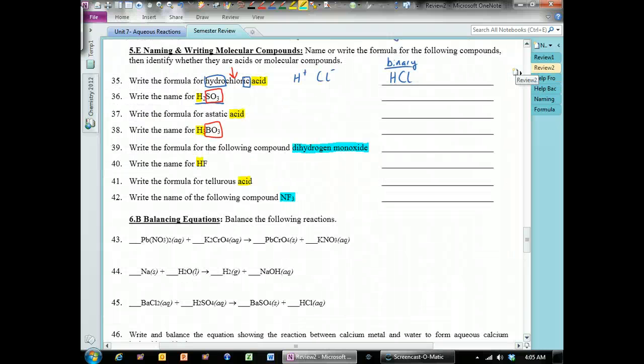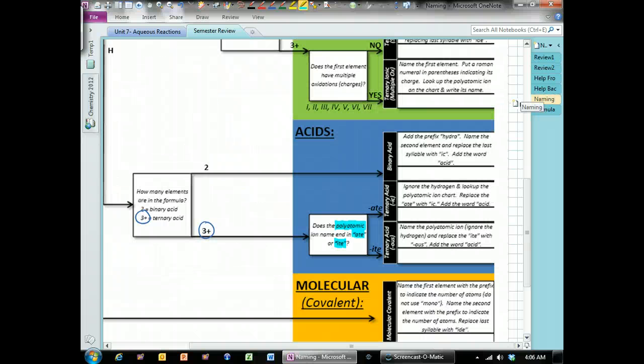And so for the name, since it ends in ite, sulfite, we're going to be using this box where it says name the polyatomic ion, sulfite, ignore the hydrogen, and replace the ite with ous.